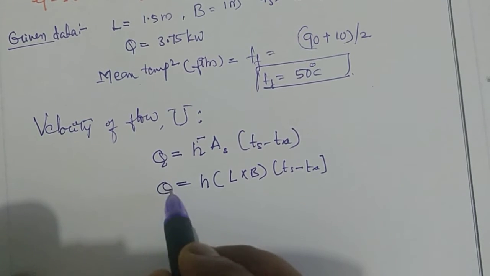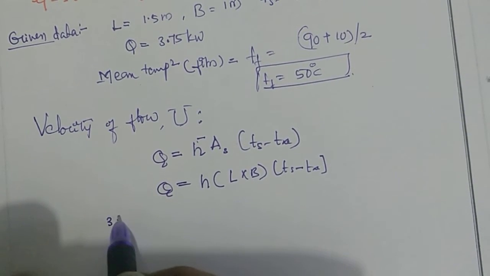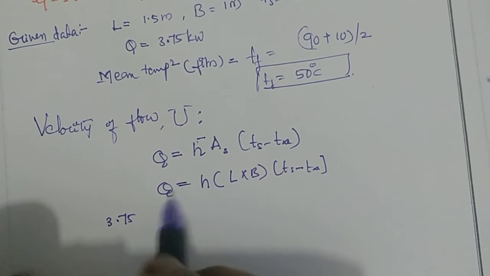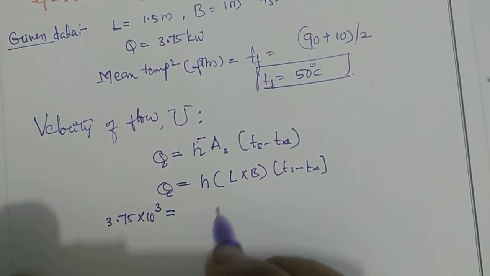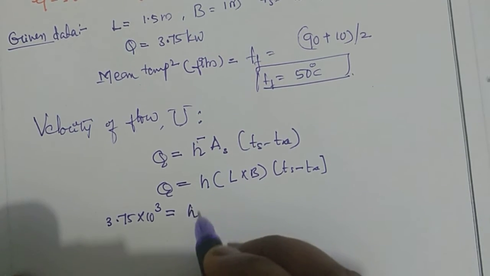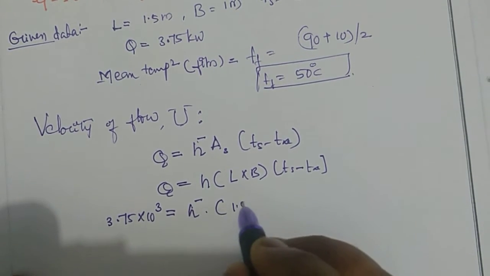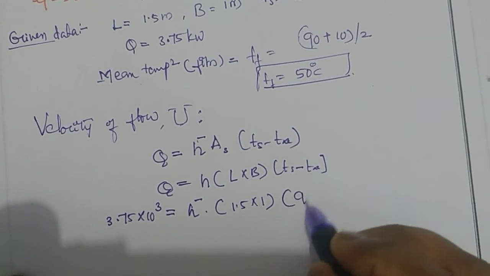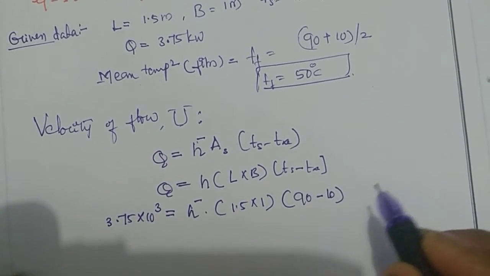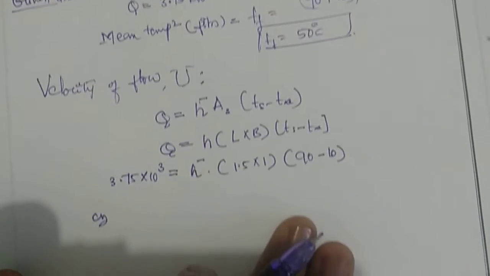Q already is given, Q is 3.75 kilowatts, so we have to keep it in kilo: 3.75 into 10 power of 3 equals h bar into 1.5 meter into 1 meter into 90 minus 10.